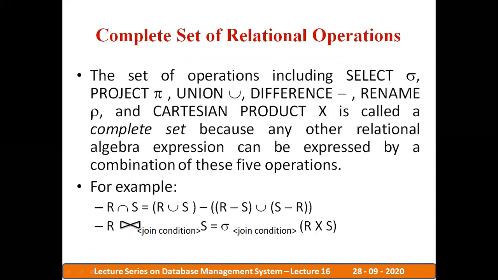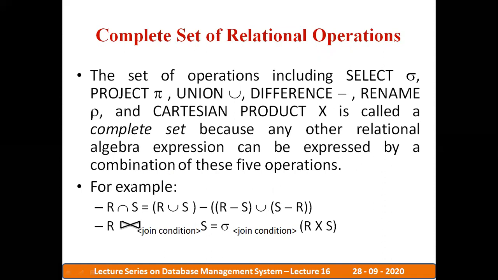Now after that, let us see the complete set of relational operations. The set of operations including select, which is denoted as sigma, project, which is denoted as pi, the union operation, the difference operation, the rename operation, which is represented as rho, and the Cartesian product represented as the cross mark, is called a complete set, because any other relational algebra expression can be expressed by a combination of these 5 operations.